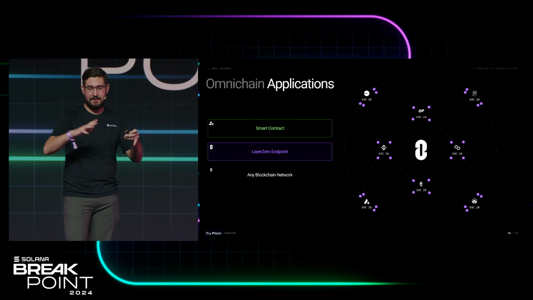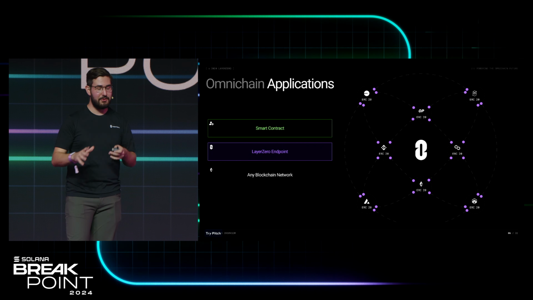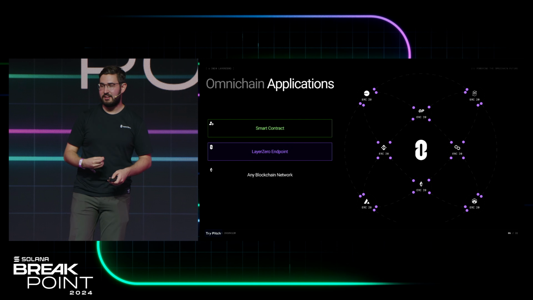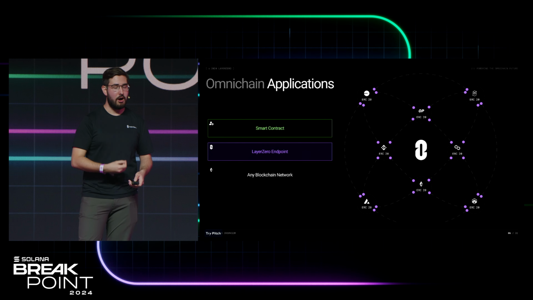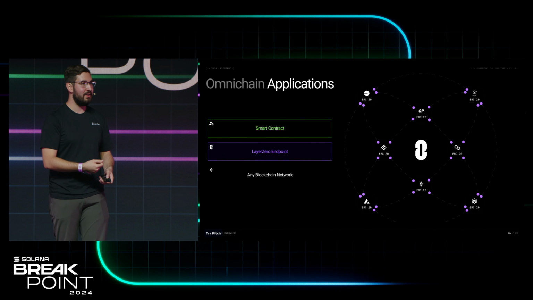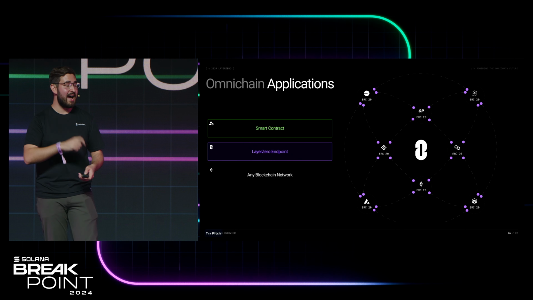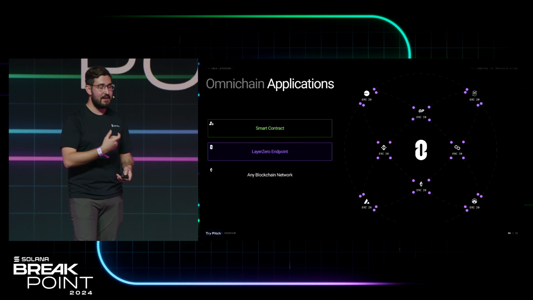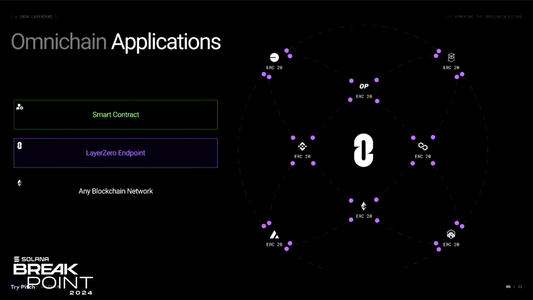So everything that I've talked about in the last few minutes, hopefully you've caught up, basically builds this idea that Omnichain applications allow any smart contract on any blockchain network that Layer 0 supports to not only control the validation that they need for every pathway that they want to move to, but also control the ability to move between not only chain A and chain B, but have relays of transactions between every network that they want to be on.